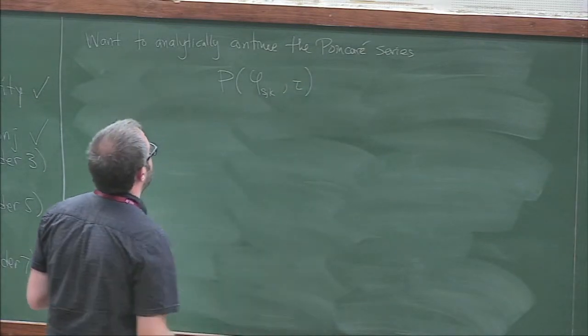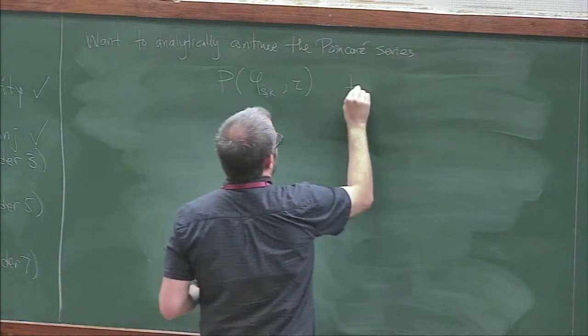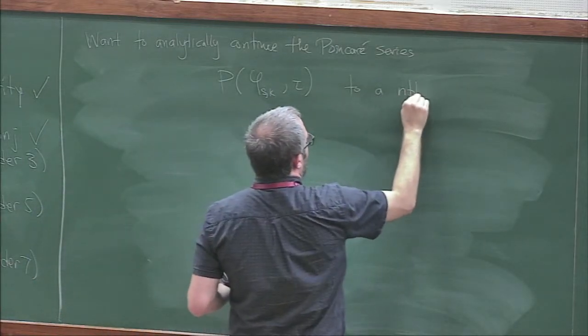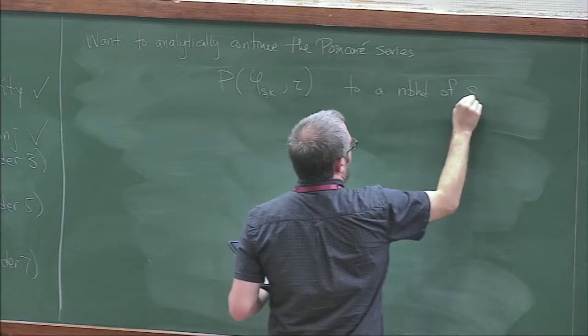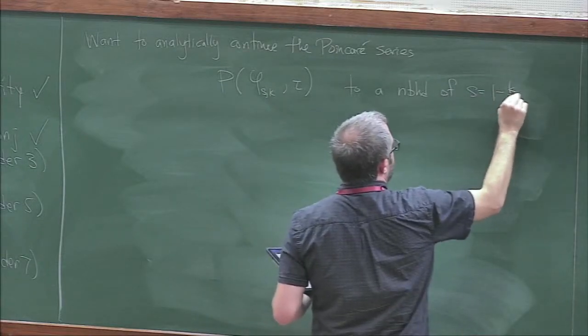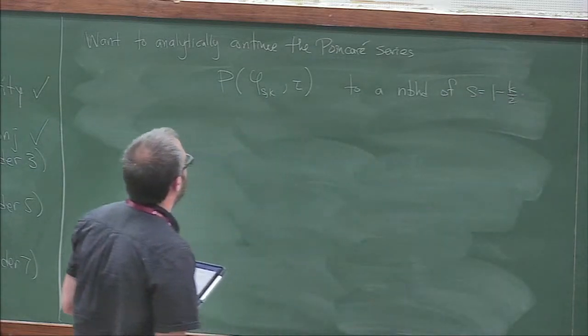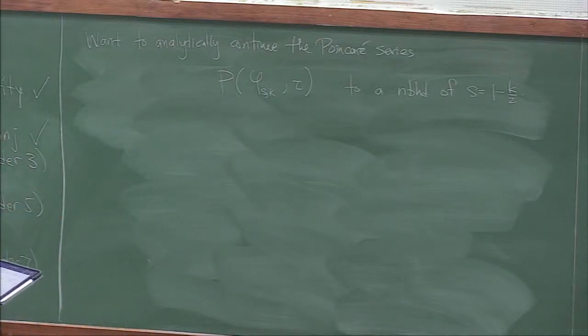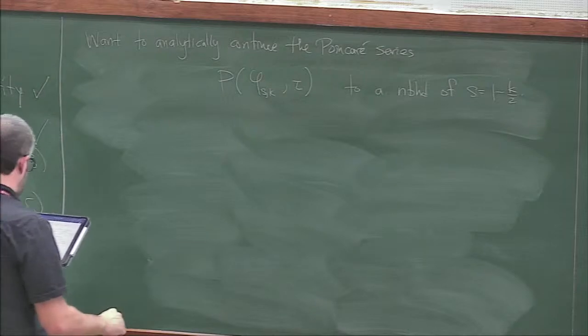We want to analytically continue this to a neighborhood of s equals 1 minus k over 2. And we can do that using the Fourier expansion.